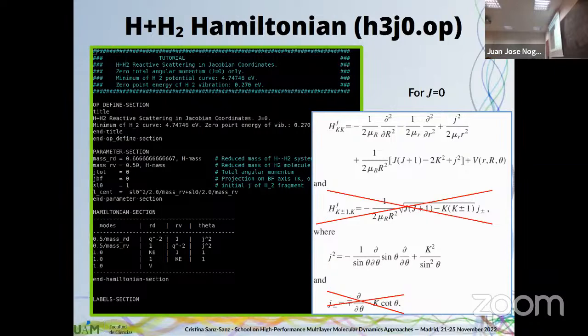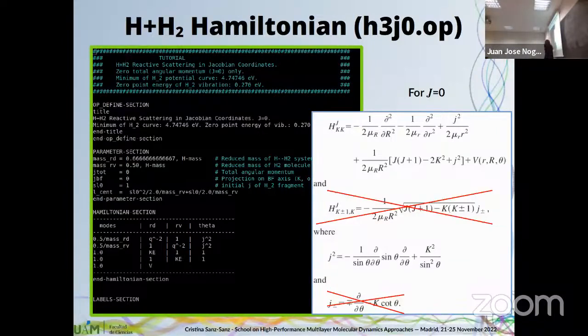It is written so that the things in the same line multiply each other. And when you go to the next line, it will sum up, okay? So the terms in the same line will multiply, and if you go to the second line, it will sum up.